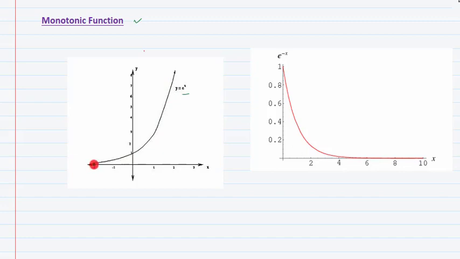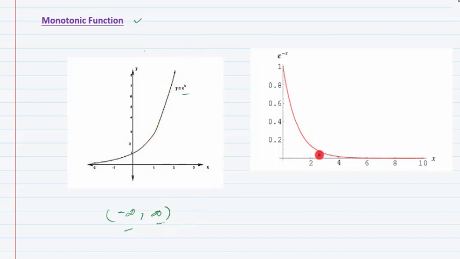Here we observe that from minus infinity to plus infinity, the function goes on increasing. So the function e power x is a monotonic function because it is increasing for a given particular interval.